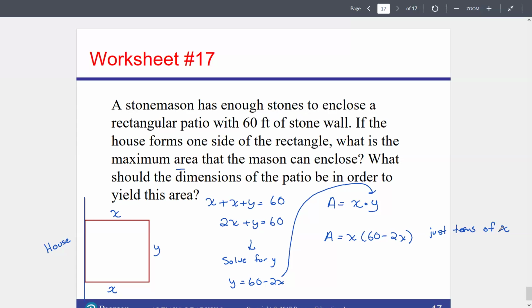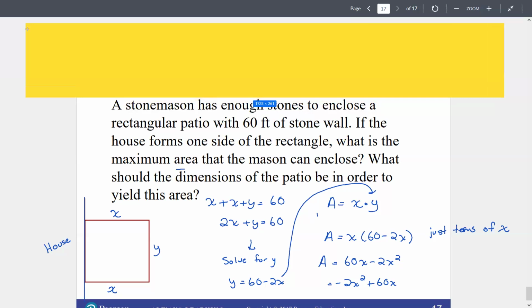Anytime you have two different equations, what we're trying to do is just solve for one variable. All right, so area is just going to be 60x - 2x squared, or if you want, you can write that as -2x squared + 60x. Let's get rid of this part up here for a minute.